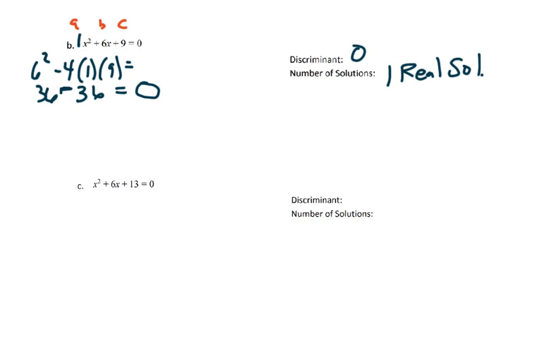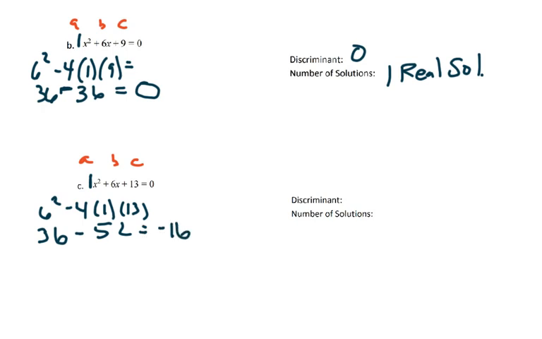Last scenario. Again, we're already set equal to 0, so let's identify A, B, and C. Use our discriminant of b squared, so that's 6 squared, minus 4 times A times C. And figure out what this equals. We get 36 minus 4 times 1 times 13 is 52. So that's going to give me negative 16.